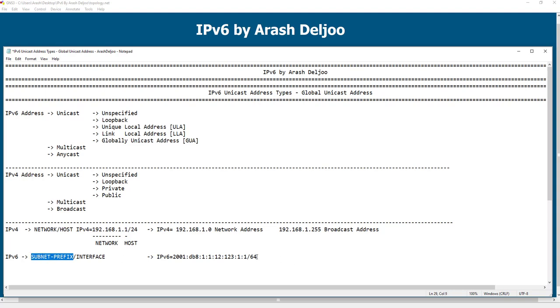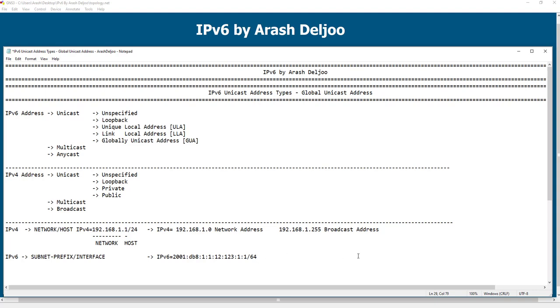For example, when we are using /64, because every hextet has 16 bits, 4 multiplied by 16 equals 64, so 4 hextets are our subnet prefix, and the other hextets are our interface ID or host ID. Interface means host, subnet prefix means network.